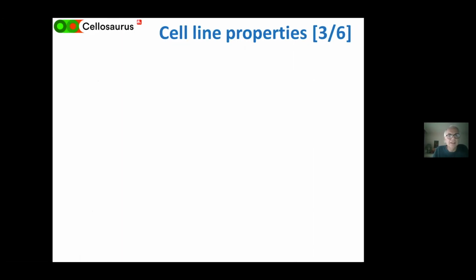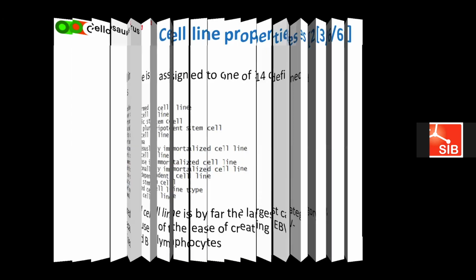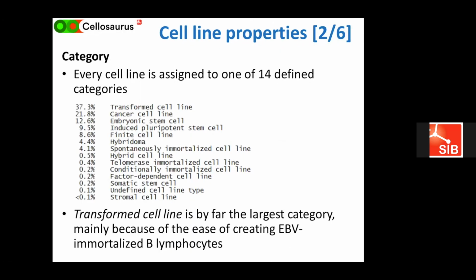So that's easy. Question, sorry. How are STR profiles performed in mouse cell lines? Is there a commercial kit for that? Yeah, there is. In fact, Microsynth, which was just mentioned, does that. Whether you can buy a commercial kit, I don't know. There are companies which are doing STR profiling of mouse.